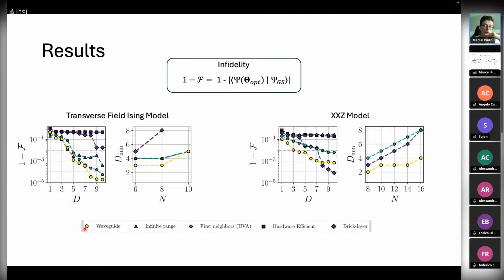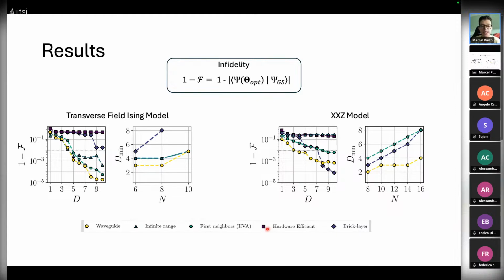So you see that the yellowish ball here is the waveguide ansatz that they're proposing. The triangle one is the waveguide with the infinite range. The greenish pentagon is the first neighbors, just the second order trotterization.